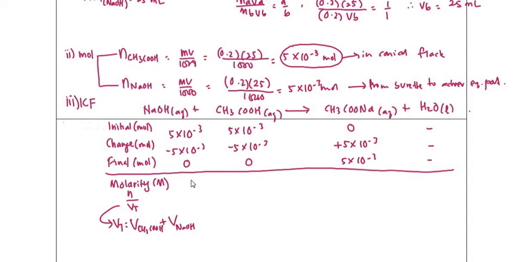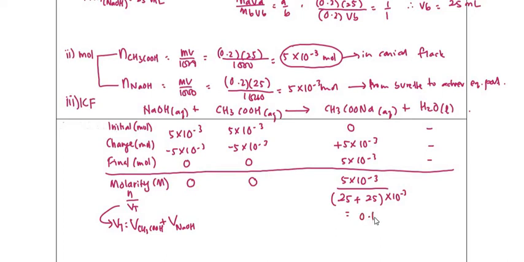So, since the mole of NaOH is 0, molarity is also 0. Same goes for ethanoic acid. But for CH3COONa, you have the mole here, so you have to find the molarity. The volume of CH3COOH in the conical flask is 25 plus the volume of titrant you added to the analyte, which is also 25, and then you convert into liter and you get 0.1.